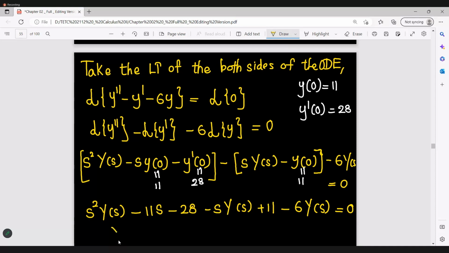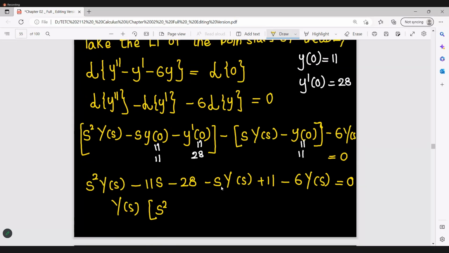If we take capital Y of s out, then we can write here s squared, minus s, and minus 6. And all the remaining terms: there is only one s term, minus 11s, and then the constant terms, minus 28 plus 11, which is minus 17, is equal to 0.